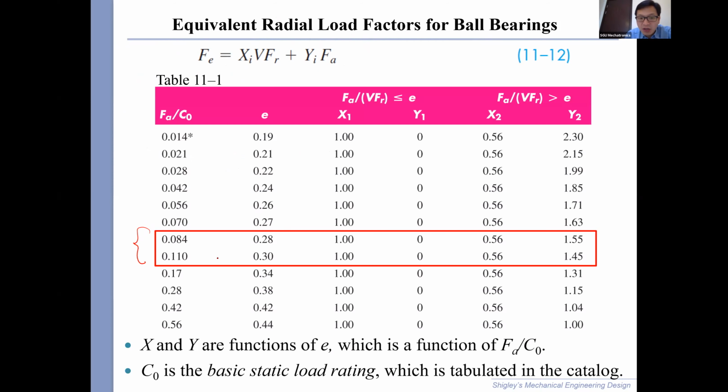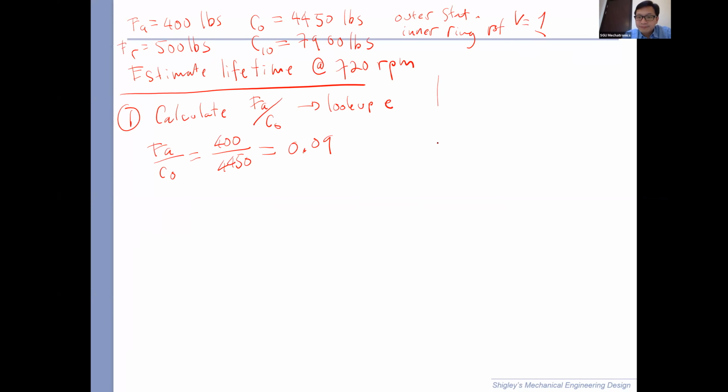We have to do what is called an interpolation because we want to know what E is in between. Interpolation is when you have two points, and we assume a linear relationship.